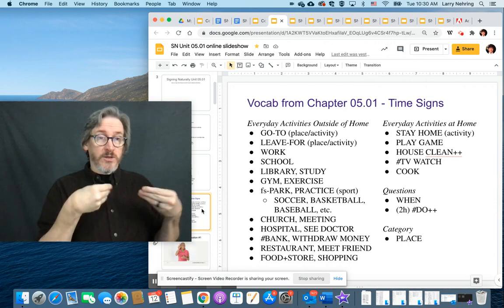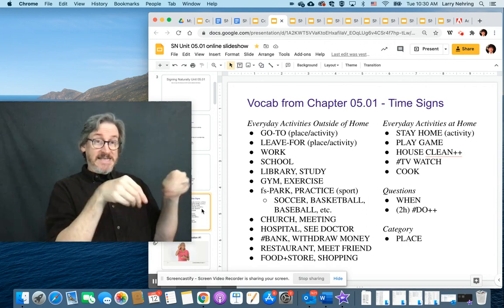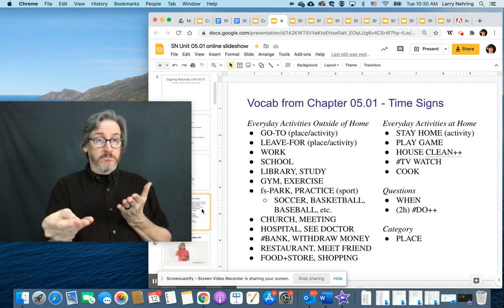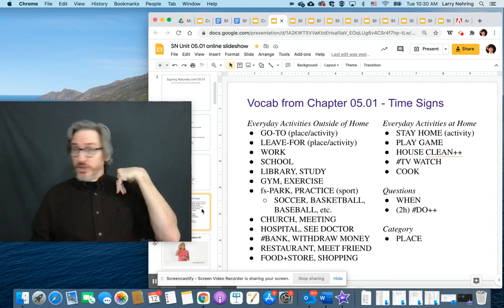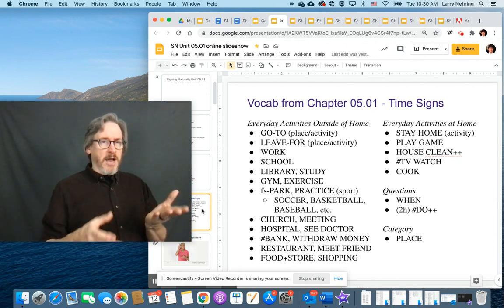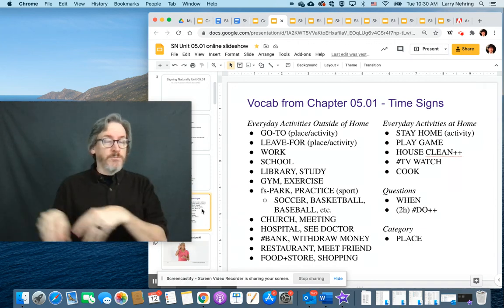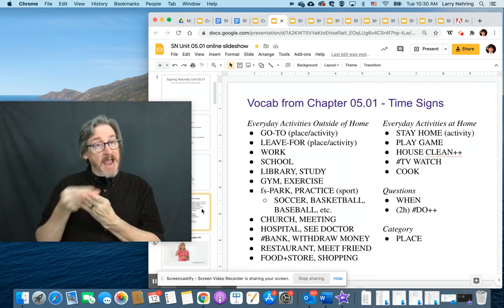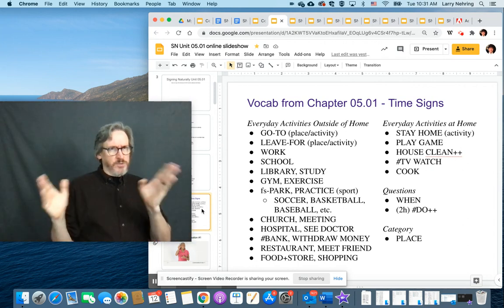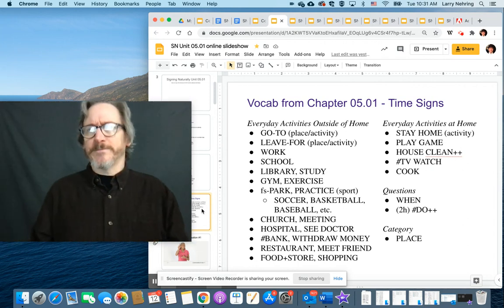So notice in there that we've got store, because that's the location and they sell stuff and you're buying. That's why way back in ASL 2, or unit 2, I recommended doing this for shopping as opposed to this. You can go store to store to store, but you're actually buying things. So there's a difference between which verb you're using.